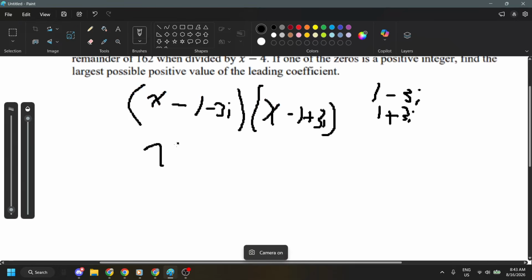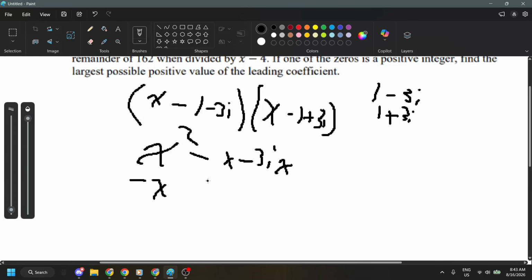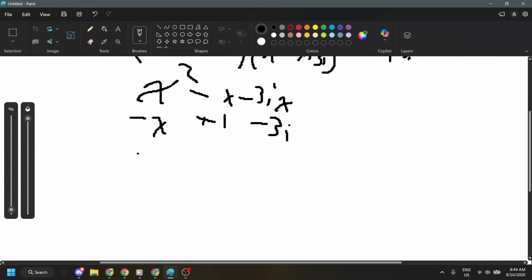So it's going to be x squared minus x minus 3ix minus x plus 1 minus 3i minus 3ix.